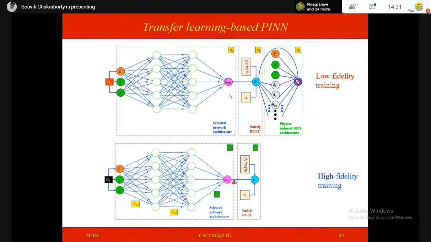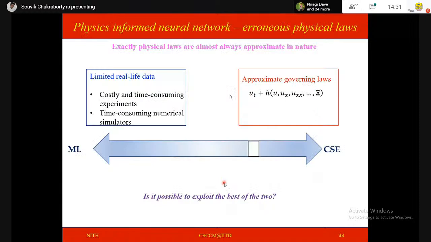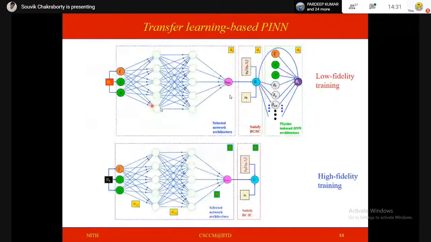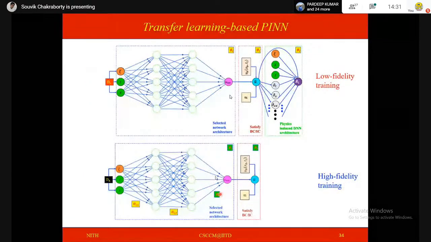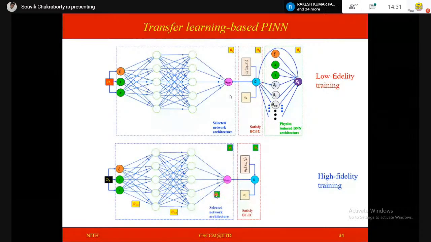And then you take your data, this data, and then you are only going to train this network for this data, and your neural network parameters corresponding to the last layer, that is in the green box, is only going to get updated.